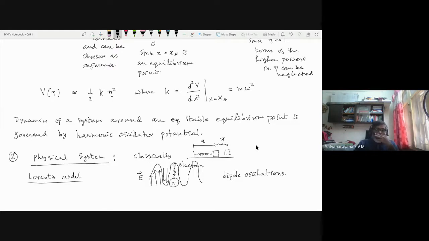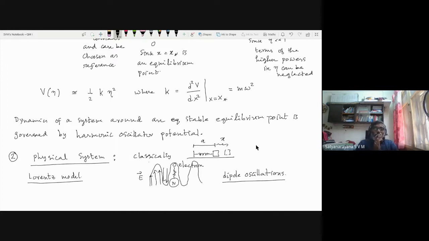So whatever classical system that we are familiar with, a similar model is applicable even to atoms and electrons in atoms, and then the model for radiation in terms of the Lorentz model. So these are some physical systems that we have.